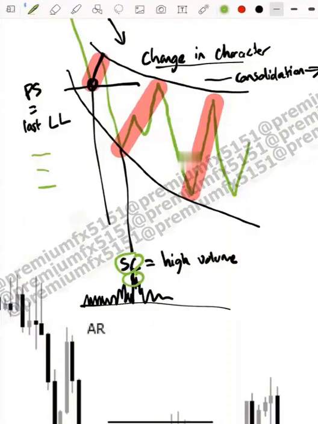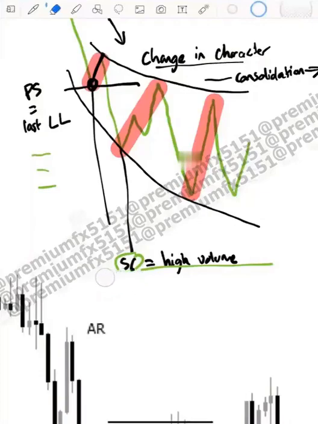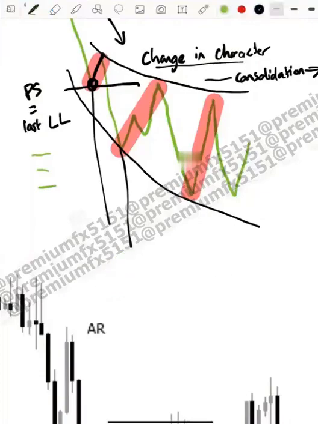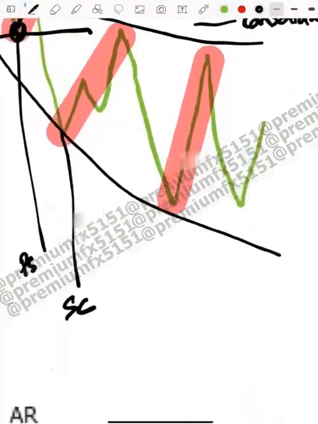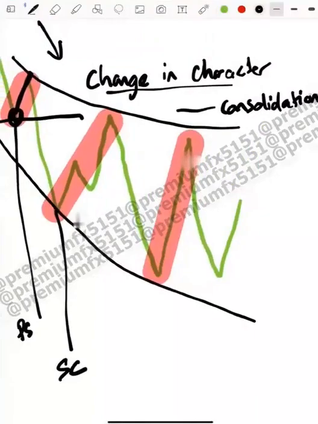The only things we've kept are the relationship between the spring and volume and the relationship between the selling climax and volume. The relationship between the selling climax and volume is a high volume at the selling climax. That's all you really want to look out for. But I don't look into that too much anyway. Next, okay, so that would terminate phase A.